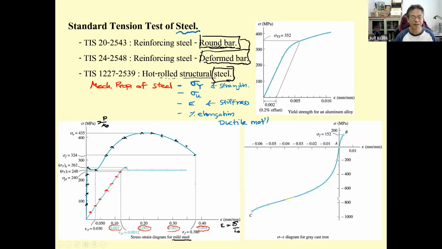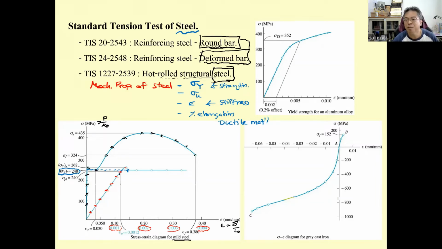And then by doing this, we have the lecture. There are a number of mechanical properties. If we require only 4 of these, the first one is the yielding. The yielding is going to be this value. We use the lower yield of the steel to represent the strength of the material.